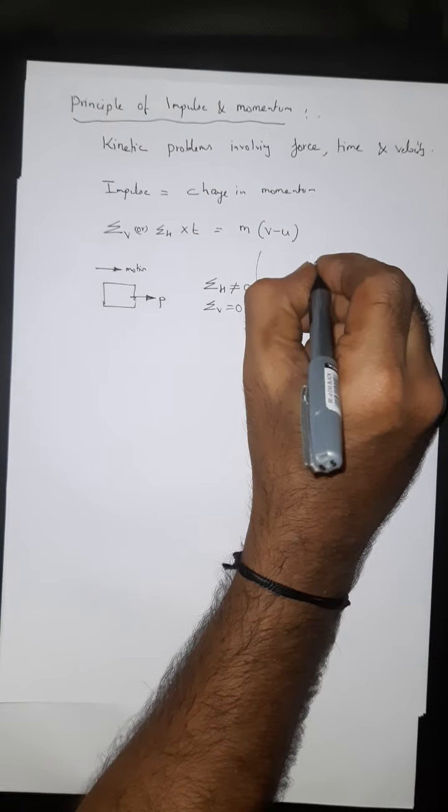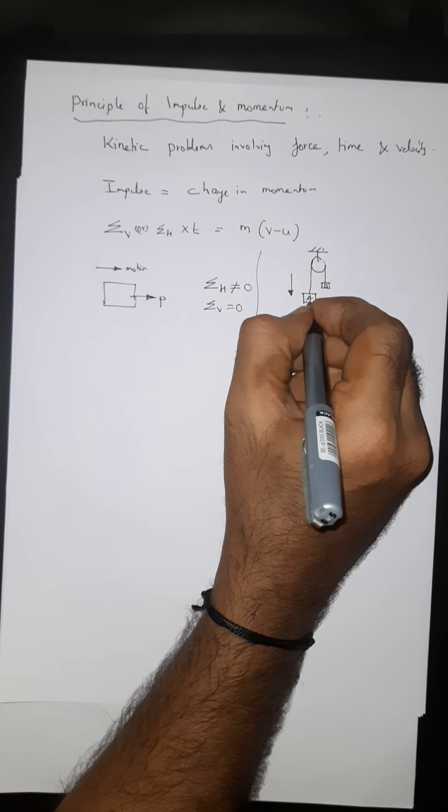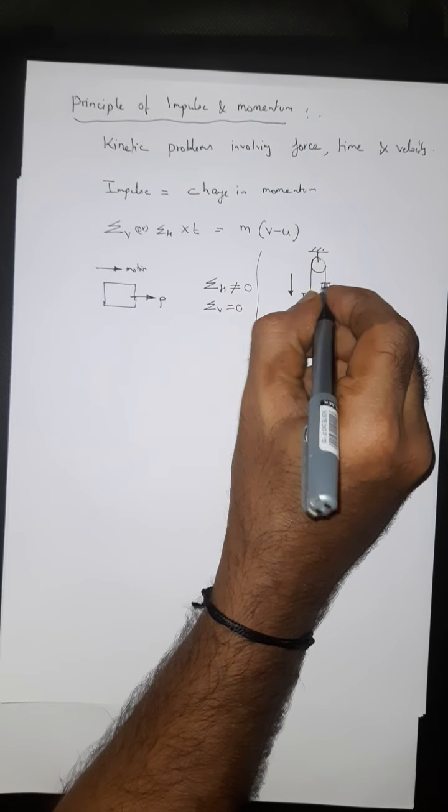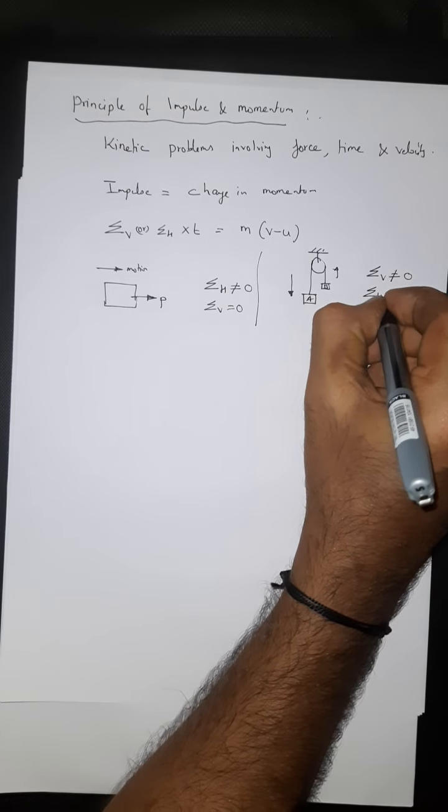For a pulley problem, this is A and this is B. When the body moves down, assume A is greater than B, that is the weight of block A is greater than B, therefore it tends to move in this direction. So here the condition would be summation V is not equal to 0, summation H equal to 0.